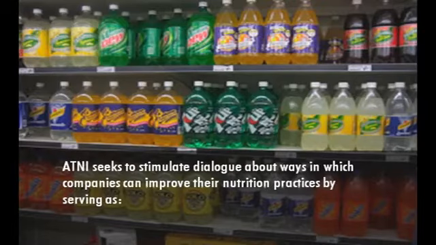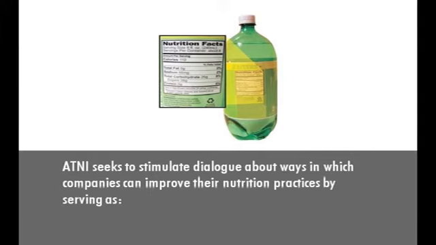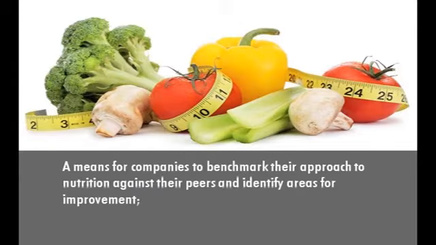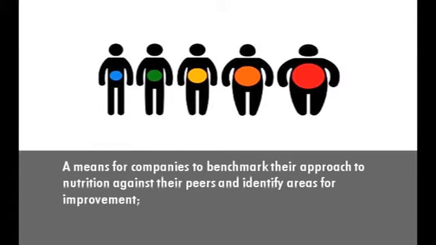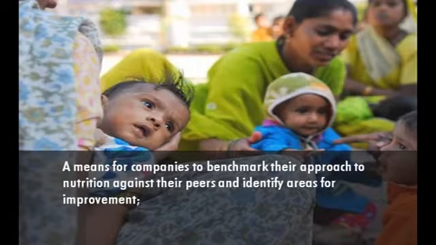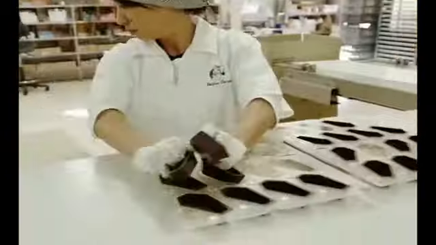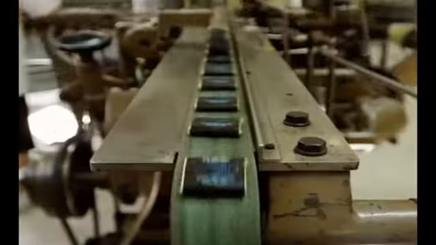ATNI seeks to stimulate dialogue about ways in which companies can improve their nutrition practices by serving as a means for companies to benchmark their approach to nutrition against their peers and identify areas for improvement, and an independent source of information for stakeholders interested in monitoring and/or engaging with the food and beverage industry on nutrition issues.